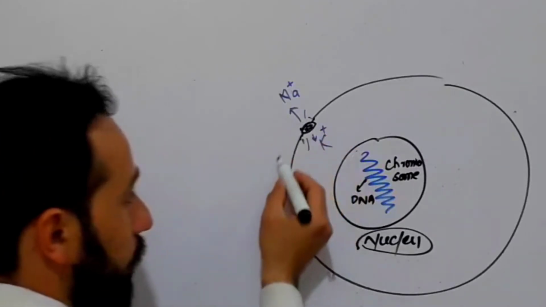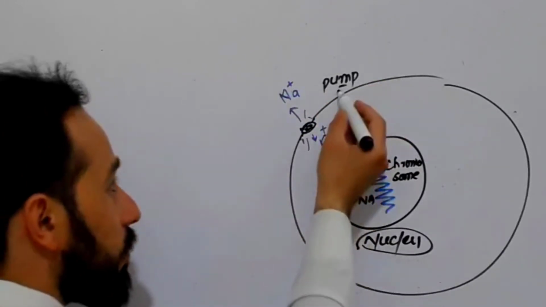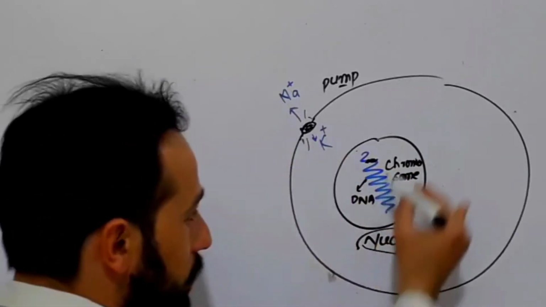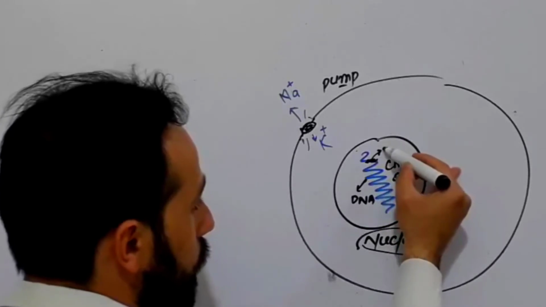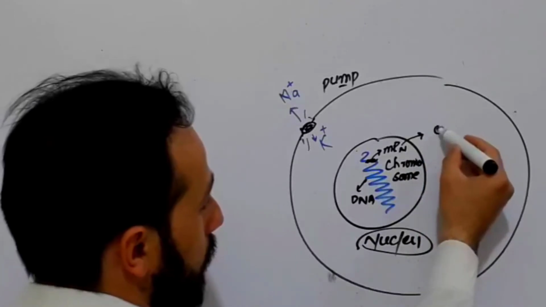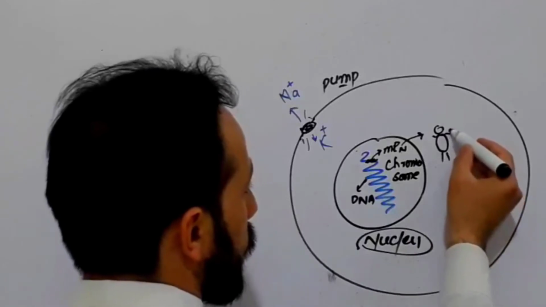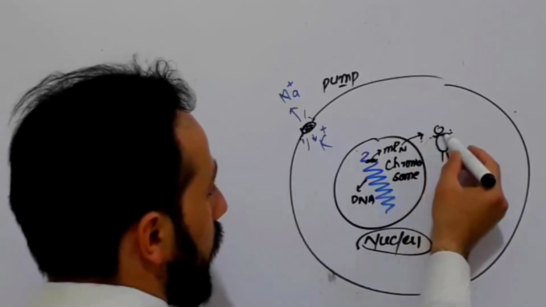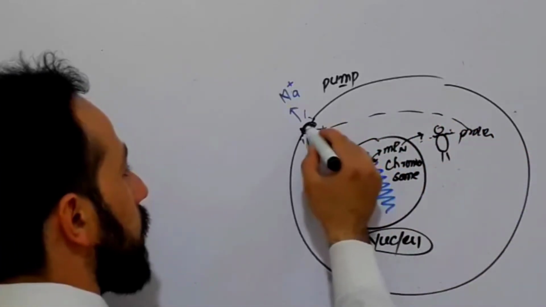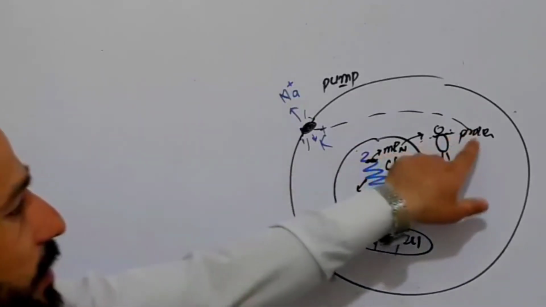For this protein, the sodium potassium pump, there are certain genes on DNA. When this protein is damaged, these genes are activated and make messenger RNA. This messenger RNA leaves the nucleus and is translated by the ribosome into a protein, and that protein will come here, bind here and start working again.